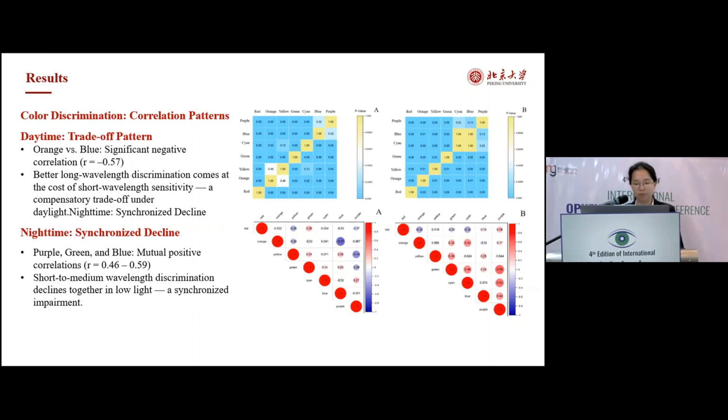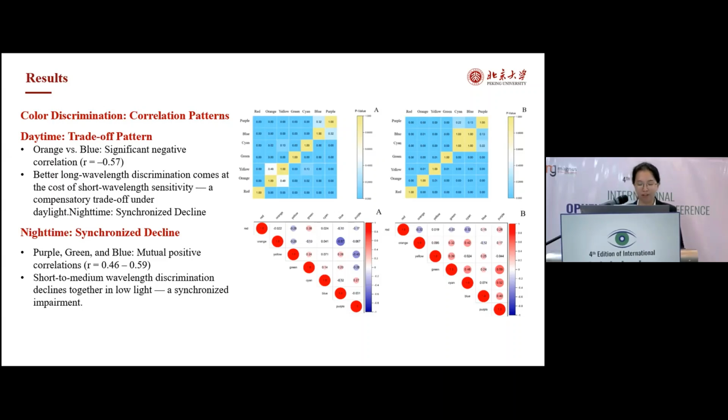In other words, people who performed better in long wavelengths, orange and red, tend to perform worse in short wavelengths, blue and purple. This suggests a kind of trade-off under daytime, as if the visual system has limited resources to maintain some level of function across the spectrum.